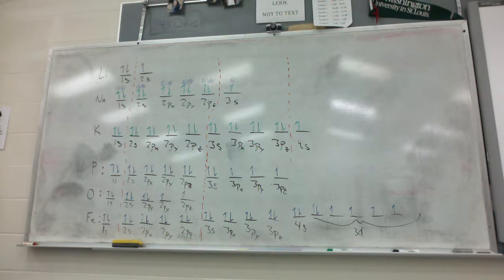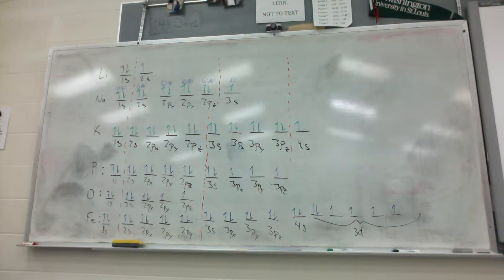Now, the next thing is, as I was saying, orbital notation is the most detailed. We looked at every single orbital, every single electron, whether it was spinning clockwise, counterclockwise, whatever. However, we are only up to element number 26. We're about 1/5 of the way through the periodic table.